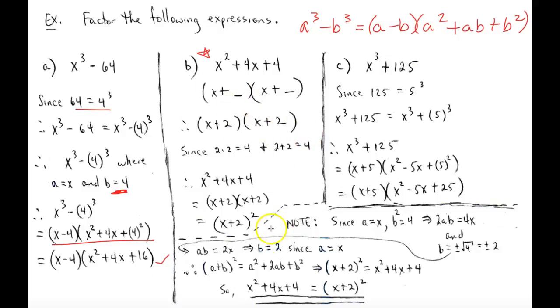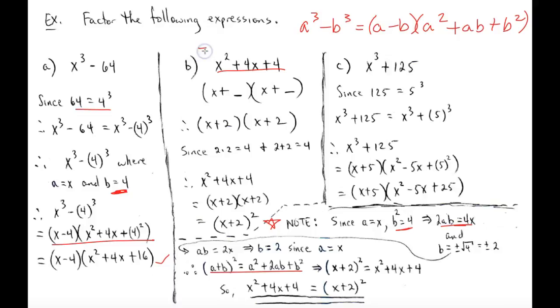If you notice, and this is the note that I have down here, if we look at the anatomy of what's going on here, if we let a be x and b squared equal 4 and 2ab equal 4x, then we see that this x squared plus 4x plus 4 sort of fits the anatomy of this particular special factoring. Okay, and to be very specific, I'll go ahead and write out and show you exactly what it is here.